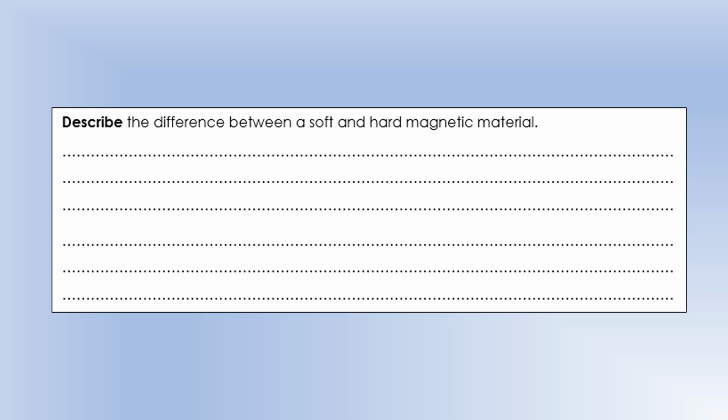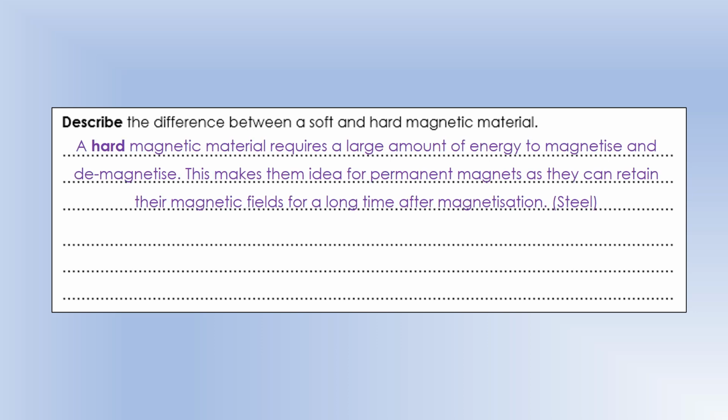Okay, so what makes some things easier to magnetize than others? Well, first of all, we just categorize those two as being soft or hard magnetic materials. So a magnetic material that is hard requires a large amount of energy to magnetize, but that also means it requires a large amount of energy to demagnetize. And that's why we use them for permanent magnets.